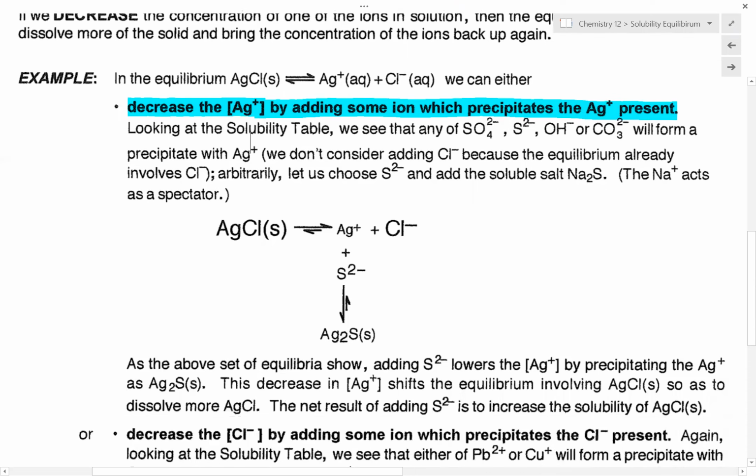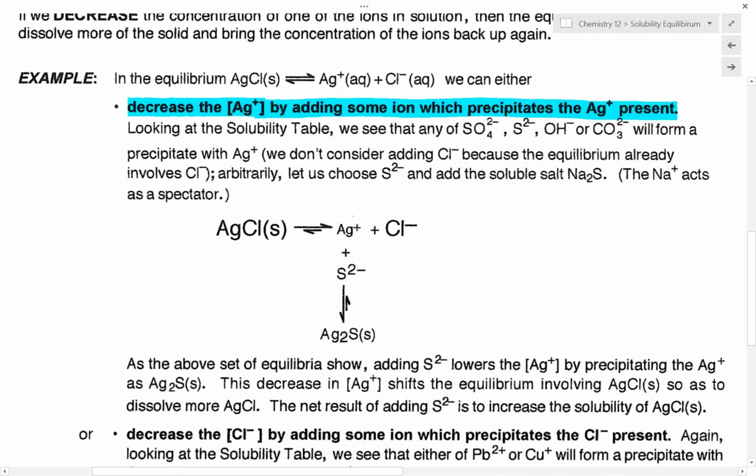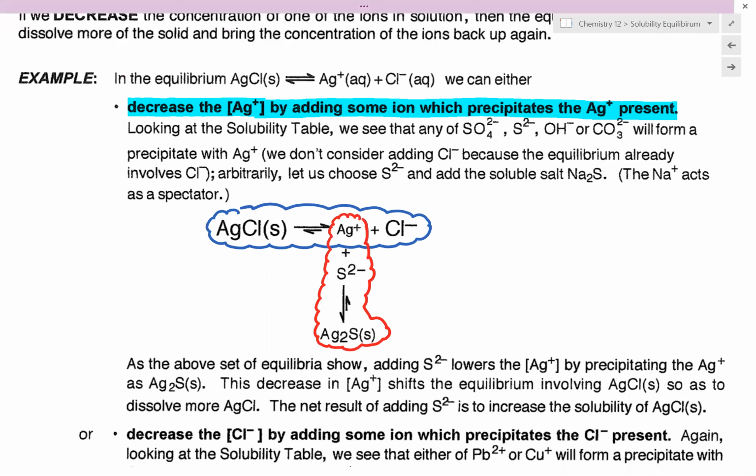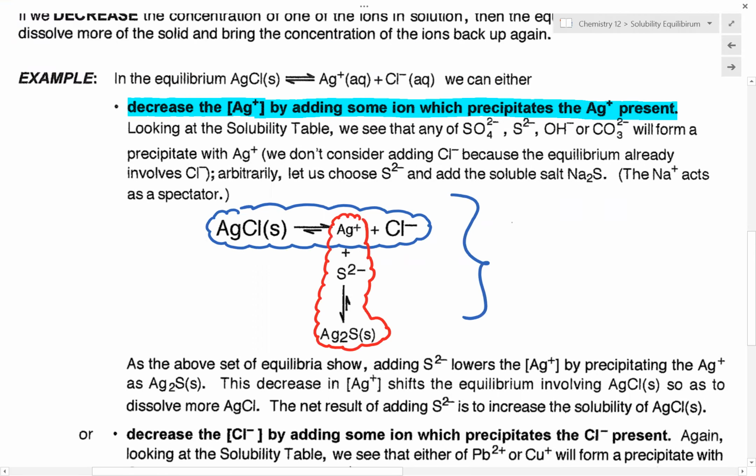So how does that work? In this scenario, notice you have two equilibriums involving silver. The original silver chloride breaks apart to silver and chloride ions, and a precipitation reaction where silver reacts with sulfur. So in this case, you could think of it like this.